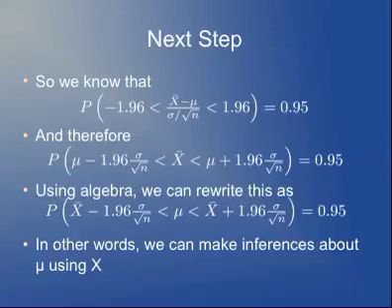If we do some algebra, I'll skip down to the punchline at the bottom: if we look at the sample mean x bar minus 1.96 times sigma over square root of n, and x bar plus 1.96 times sigma over square root of n, there's a 95% probability that this interval will be chosen such that it contains mu.